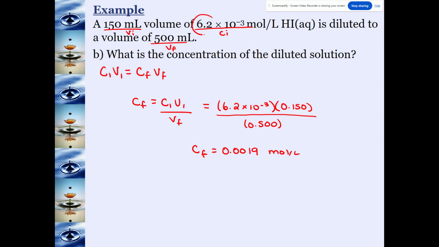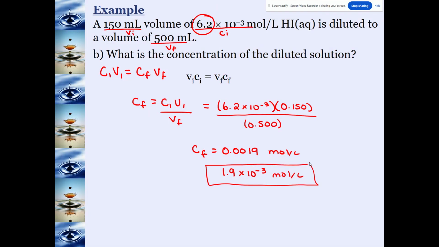There's only 2 digits here. Or I can leave it as 1.9 times 10 to the negative 3 moles per liter. Either way, your sig digs are fine because leading zeros don't count. So the 2 total digits you're allowed to keep in concentration are the 1.9. Okay? So this is your final concentration.